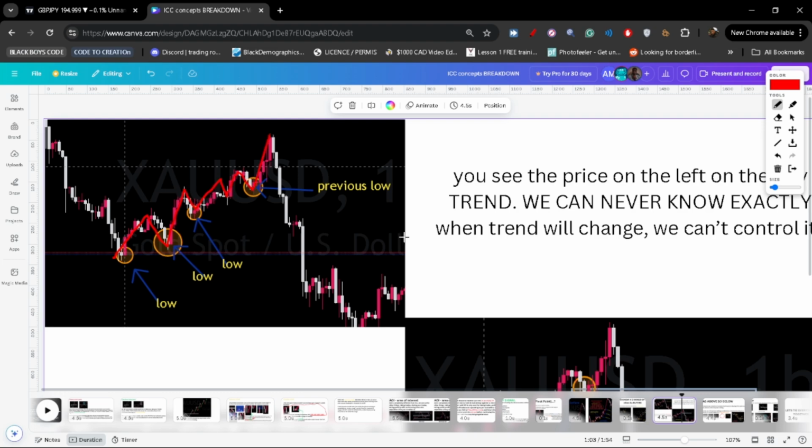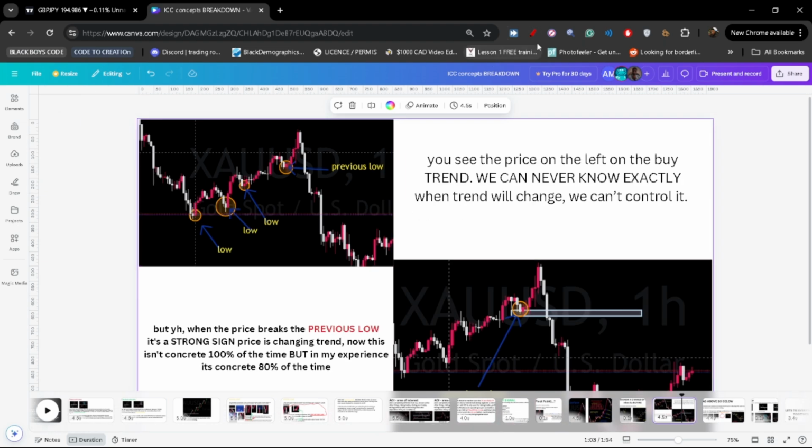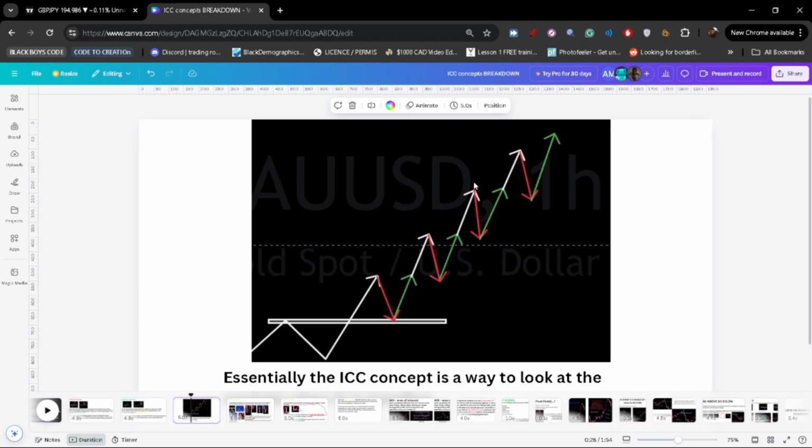These are the lows. Now for a trend to change from buys to sells, price needs to break the previous low. Do you understand? So again, guys, to tie everything down, a low needs to have at least two sell candles back to back.